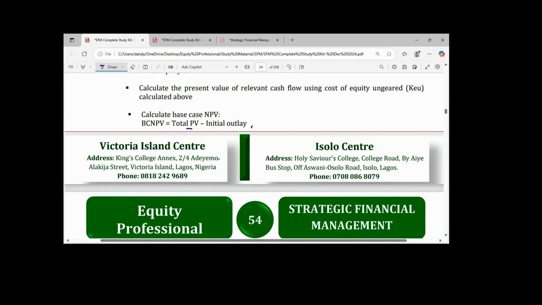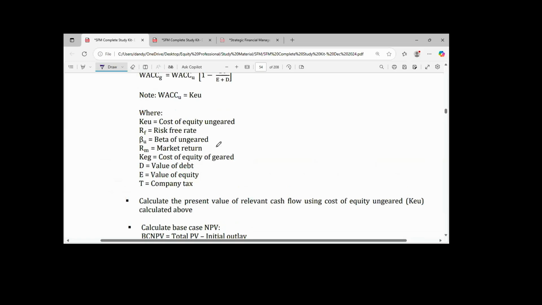The same way you calculate normal NPV is the same way you calculate the base case NPV. The only difference is that instead of discounting your net cash flow with the company's WACC, you discount your net cash flow using cost of equity ungeared. And how to calculate the cost of equity ungeared, I've already demonstrated that.